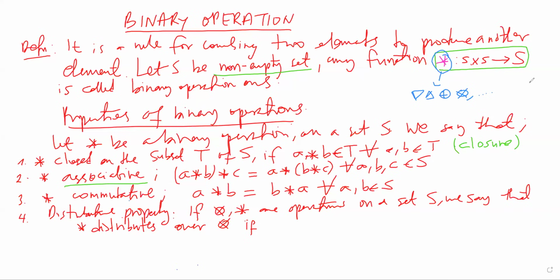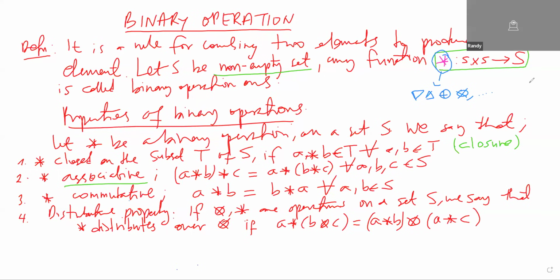If we have A star (B operates C), then it will be (A star B) operates (A star C).